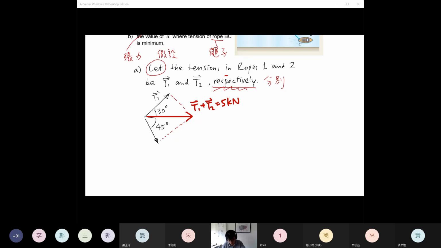And to draw it, I will do it this way, and this is the way the textbook is doing. So the resultant is 5 kilonewtons. Five kilonewtons is here. And then we have T1.